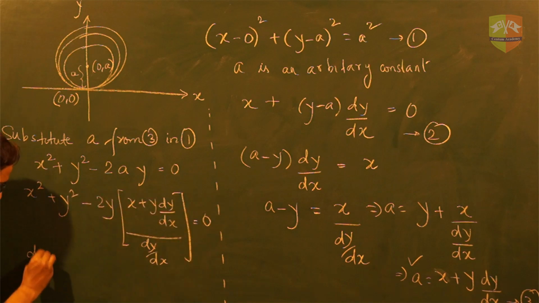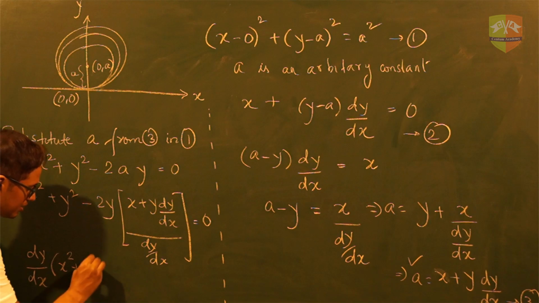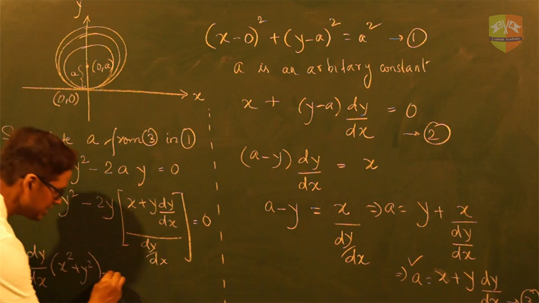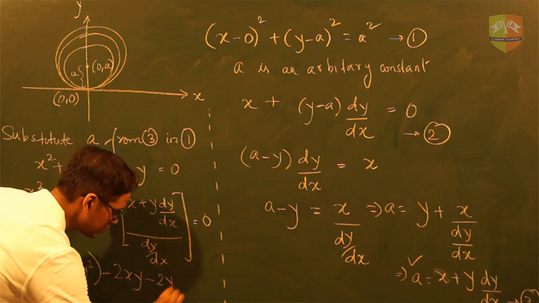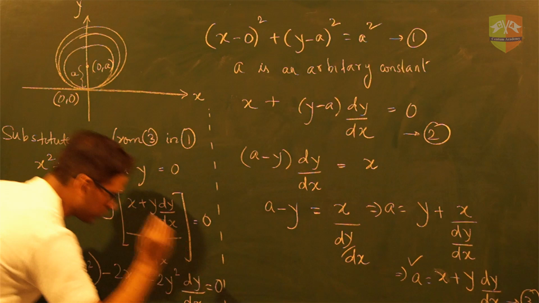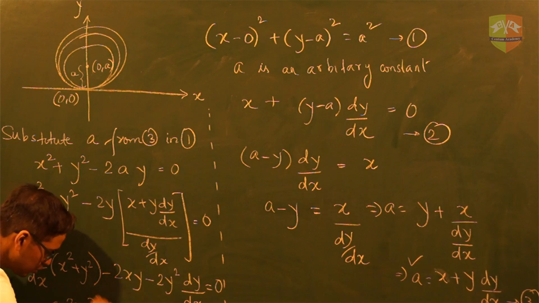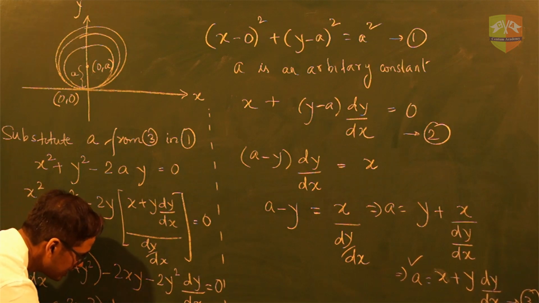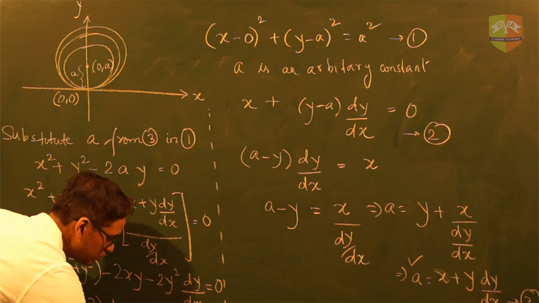Which gives you dy by dx times x square plus y square minus 2xy minus 2y square dy by dx equal to 0. I can take dy by dx common over here, which finally gives me x square minus y square dy by dx minus 2xy equal to 0.